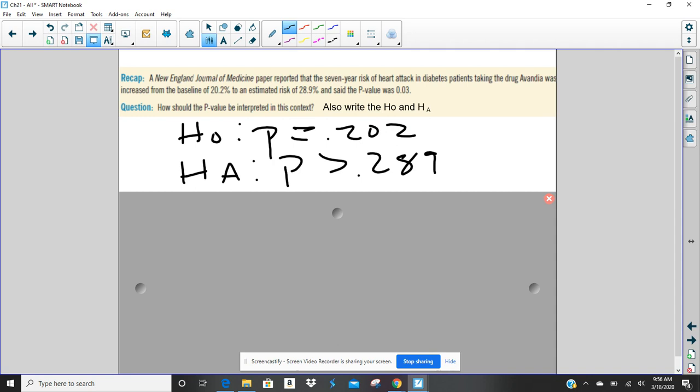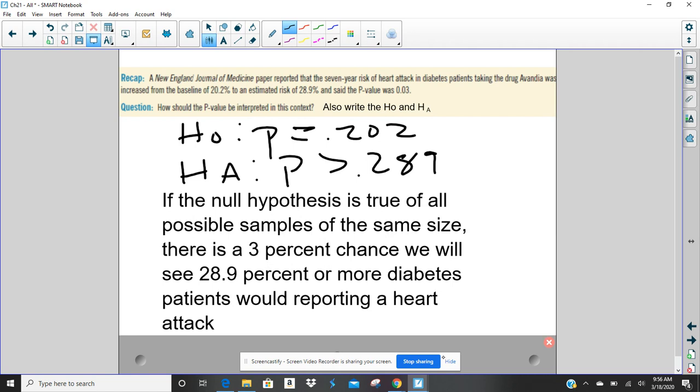So the wording that I wrote out before this class was, if the null hypothesis is true, of all possible samples of the same size, there's a 3% chance that we will see 28.9 or more percent diabetes patients who would report a heart attack.